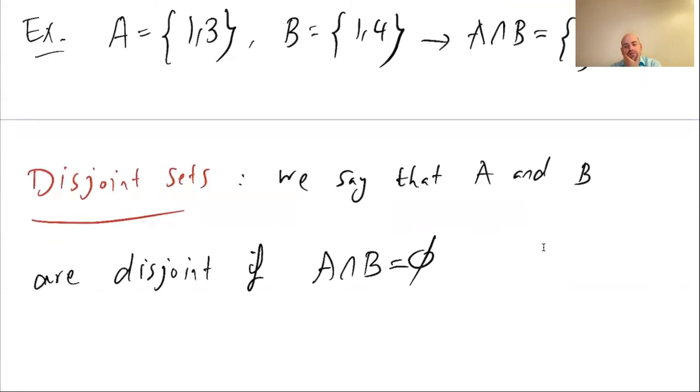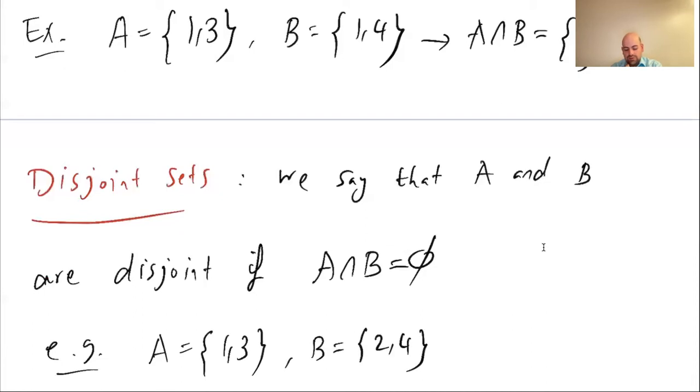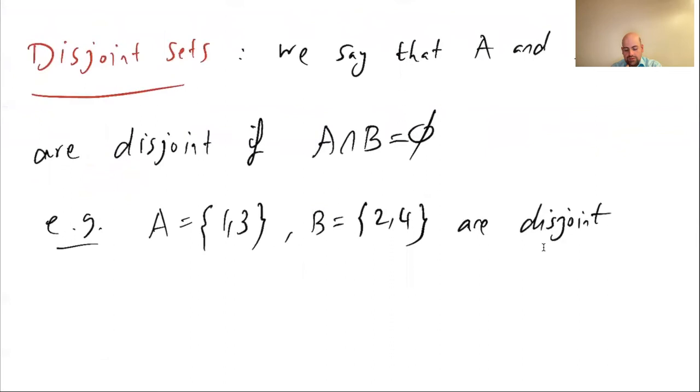So that's for two sets. For example, let's say A equals {1, 3} and B equals {2, 4} are disjoint, since A intersection B is the empty set.